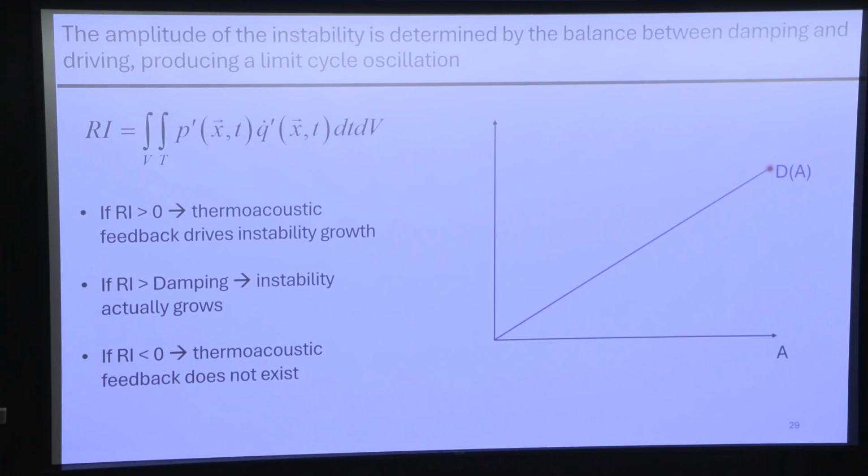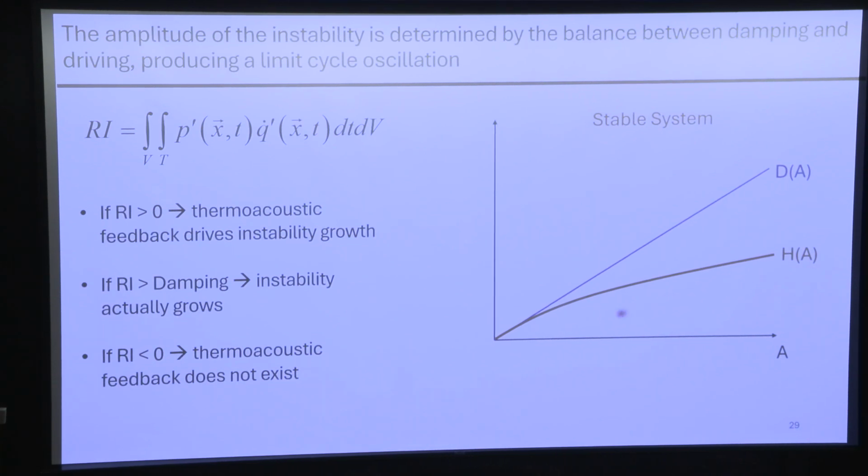And so what really matters, going back to our Rayleigh criterion here, is the thermoacoustic driving, the phase relationship between these two things such that my thermoacoustic driving is greater than the damping in my system. And so in a stable system, the answer is always no. What I'm showing here is the thermoacoustic driving, which for some reason we call H in plots like this.